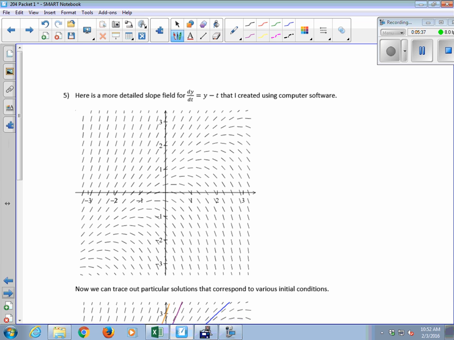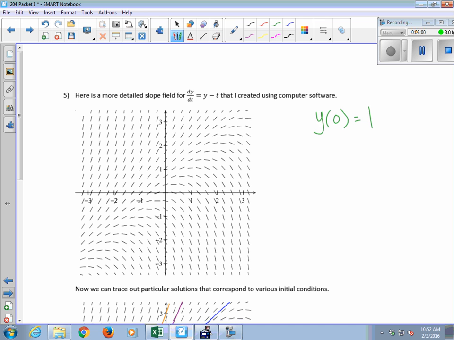So here's a more detailed slope field. This is the same equation, dy/dt equals y minus t. I created this using some computer software. And now you can trace out some particular solutions that correspond to various initial conditions. Okay, so somebody give me an initial condition: y of 0 equals 1.